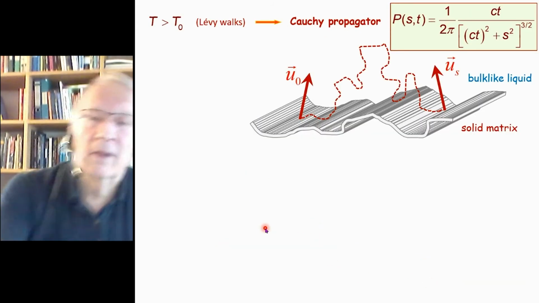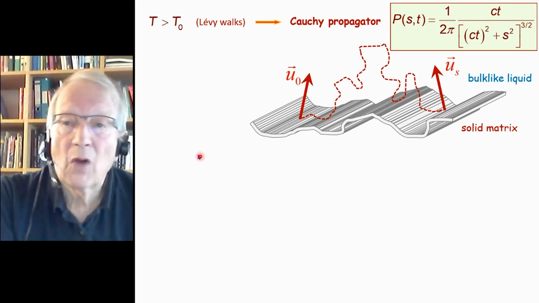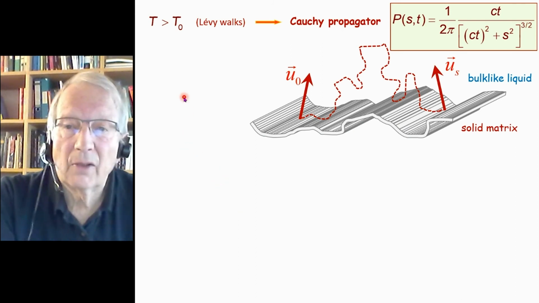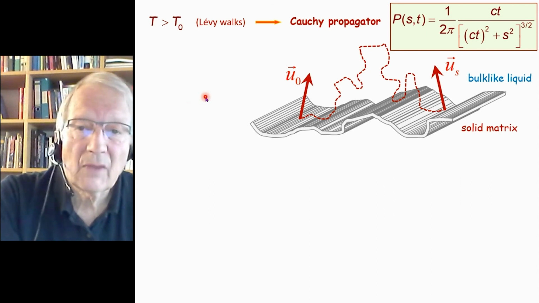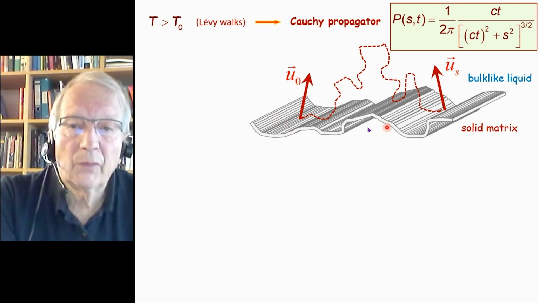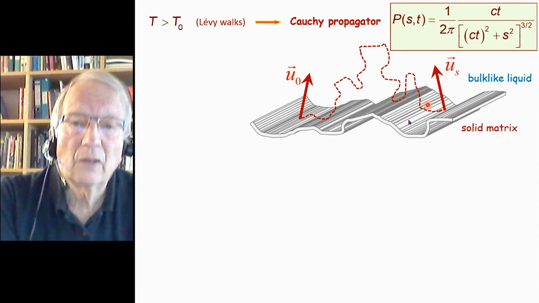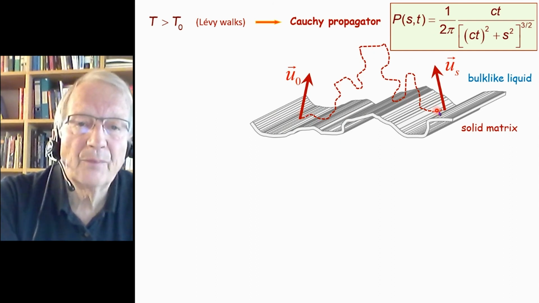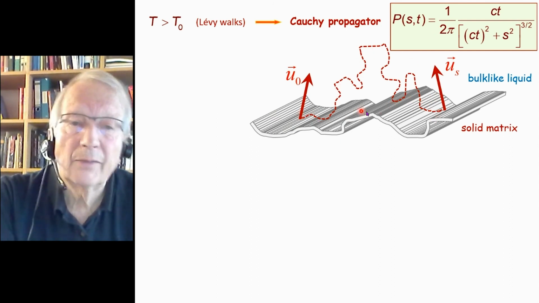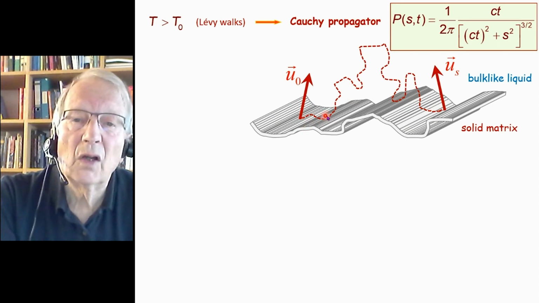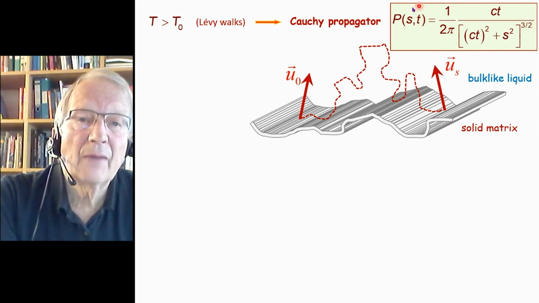Now, if we use this notion for our RMTD process, we can assume a rough surface with an initial orientation, a final orientation, and there can be some excursion to the bulk. If you assume that this obeys the Levy statistics, then we will have a Cauchy propagator along the surface.